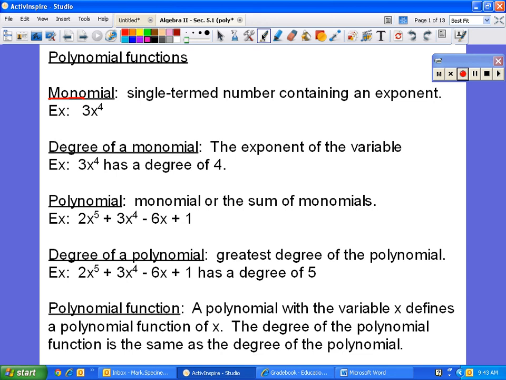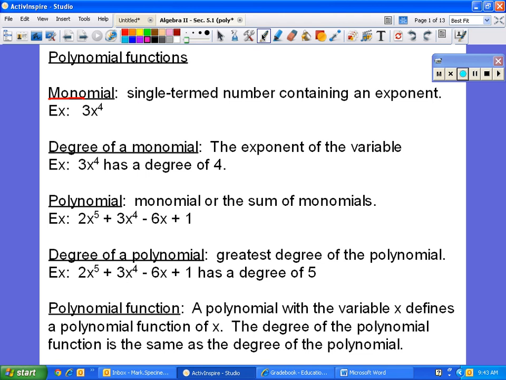And then polynomial function, I wouldn't worry about that too much, but it's self-explanatory. It's a polynomial function. A polynomial with the variable x defines a polynomial function of x. The degree of the polynomial function is the same as the degree of the polynomial.